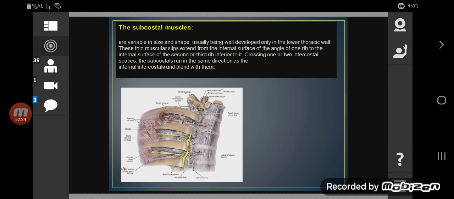I mean that the bundle at this phase is between the innermost intercostal muscles and the internal intercostal muscle, because outside of this muscle you have the internal intercostal muscle, as you see in this picture.